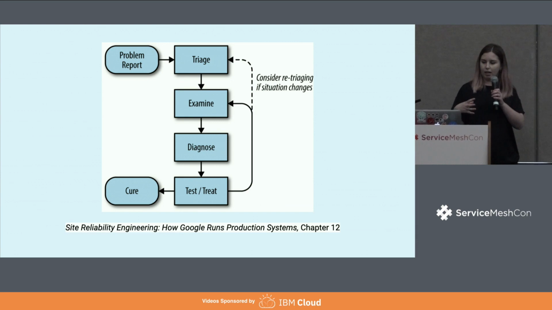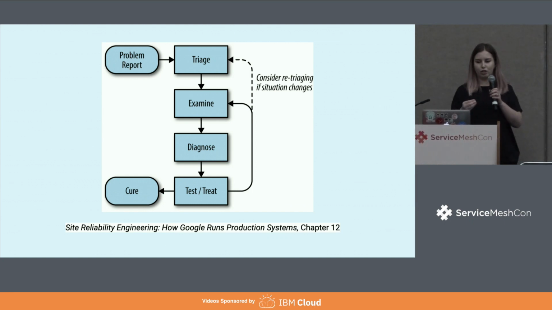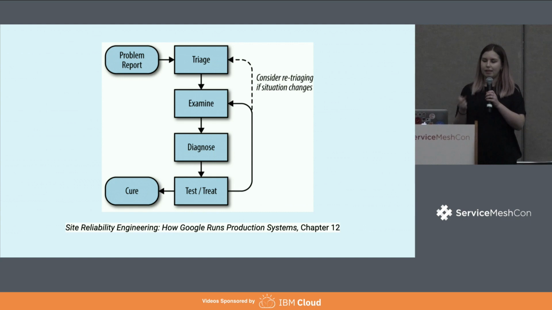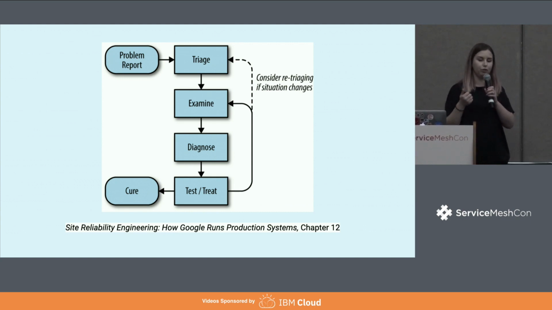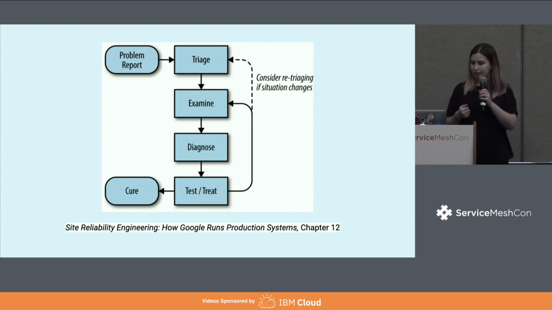And Google, in their site reliability engineering book, came up with this super cute diagram that shows all of the different steps of how you'd go about troubleshooting. And they're defining the problem report as the source of your issue, so whether you're paged, or you're configuring something and you got an error, or a customer complained about unavailability.